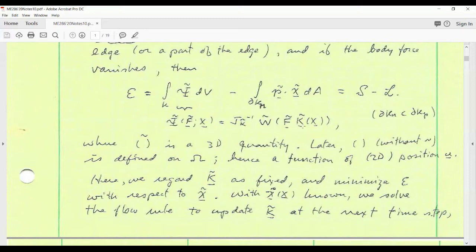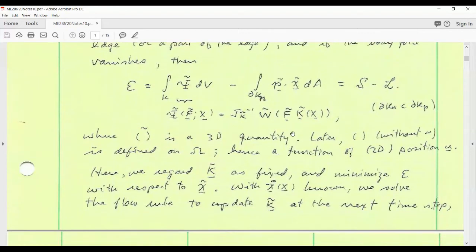And if K is fixed, then this becomes essentially a standard elasticity problem for a non-uniform material, in which the energy has an explicit x dependence due to the fact that K has an explicit x dependence. Okay, so let's keep that in mind.